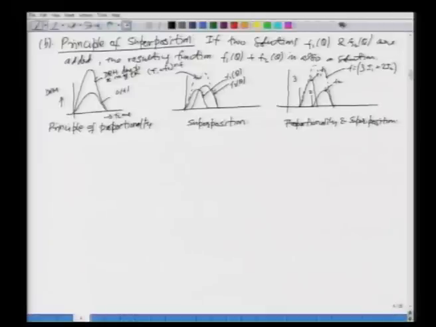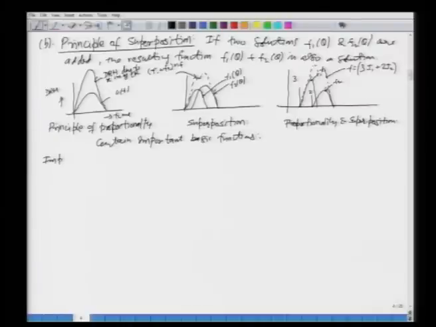So, the next thing we are going to look at is certain important or basic functions which we will need to define. Okay. All right. So, the first one of them is what we call an impulse response function. Impulse response function.